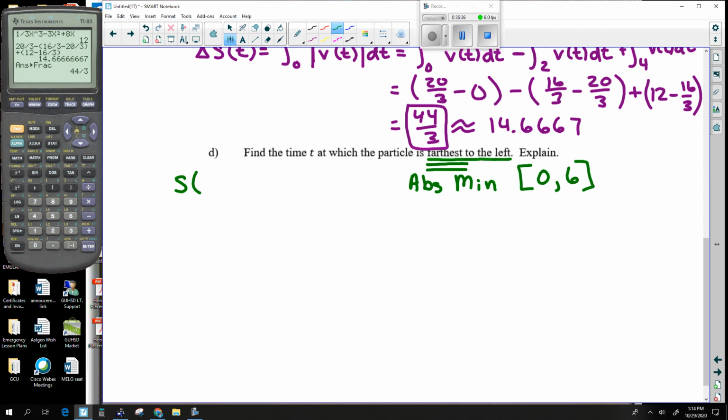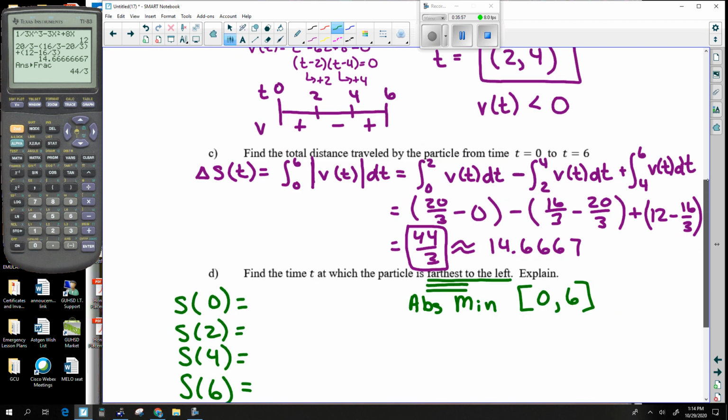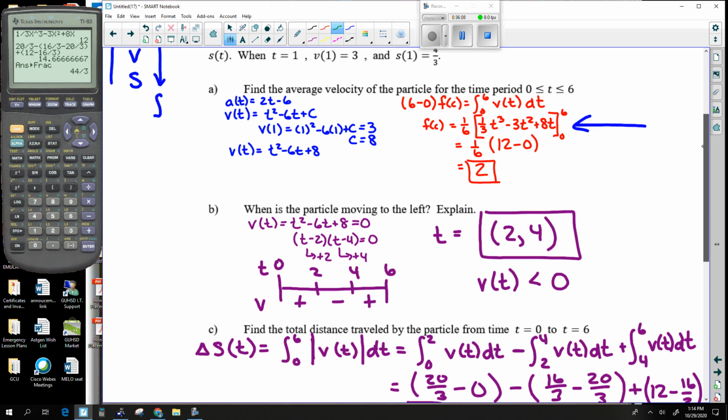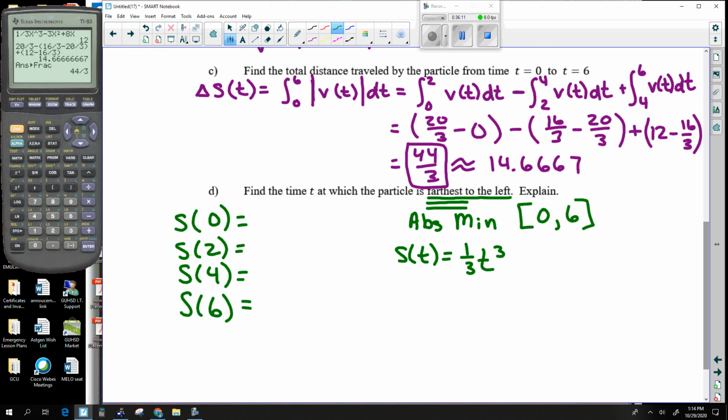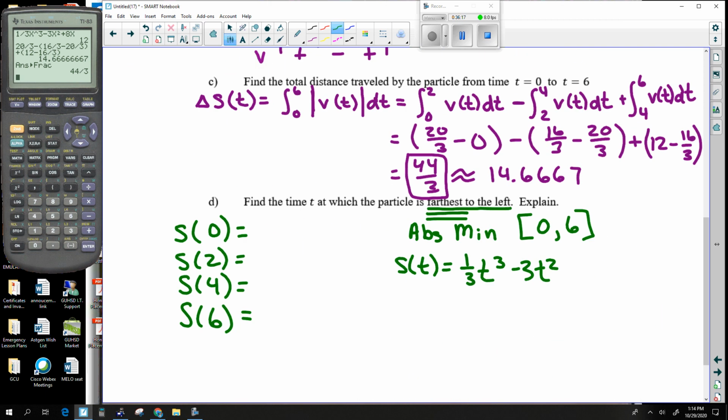So I want to know what is the position at 0, 2, 4, and 6. Now my problem right now is I don't have straight up a position formula. I have something freaking close with the integral of velocity. So right now I have an approximation: one-third t to the third minus 3t squared plus 8t.